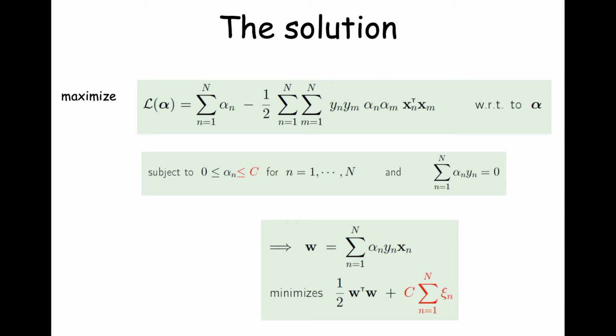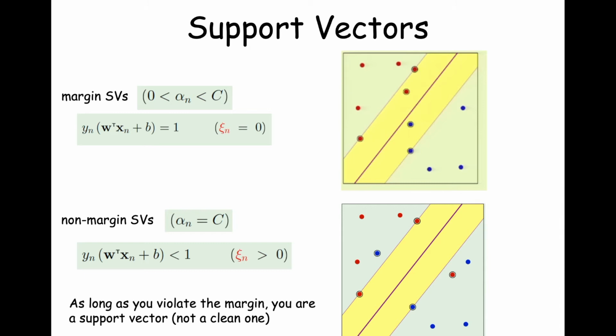Alpha n is at most c, that constant corresponding to the amount of margin violations that are allowed in the original formulation. And so this solution to the dual problem, which you solve with the quadratic programming solver, gives you your alphas, and you use your alphas to calculate your weight vector and also solve for your bias term.